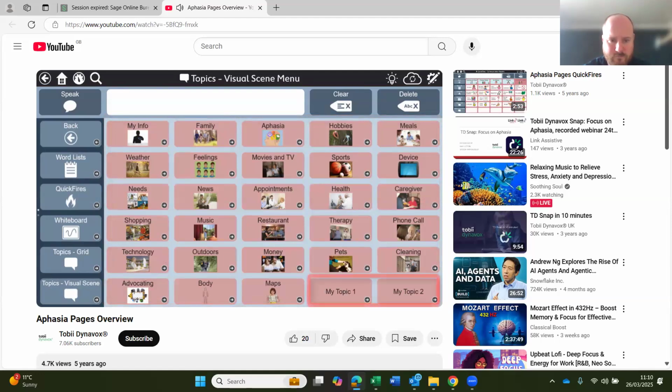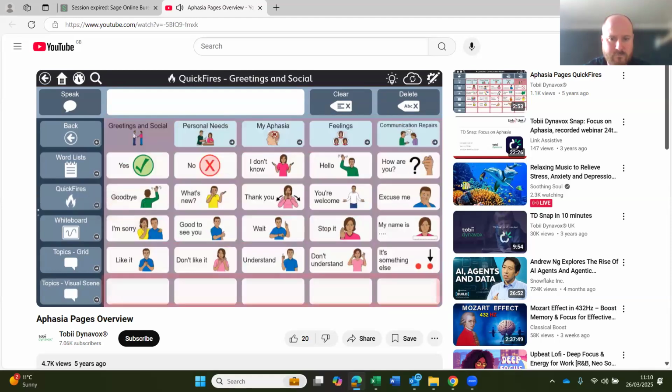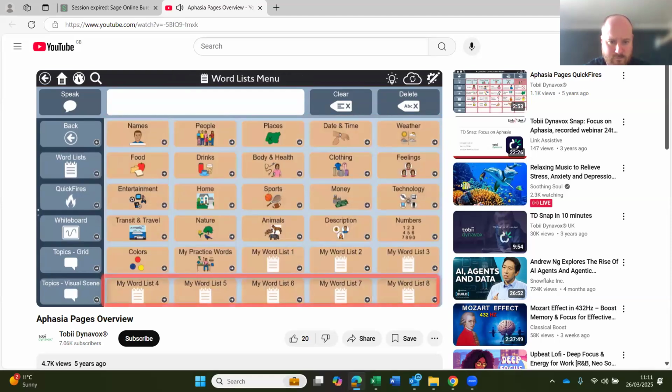You'll notice blank buttons throughout the aphasia pages to encourage adding personal content whenever possible. We encourage you to customize topics and quickfires, as well as word lists and more.